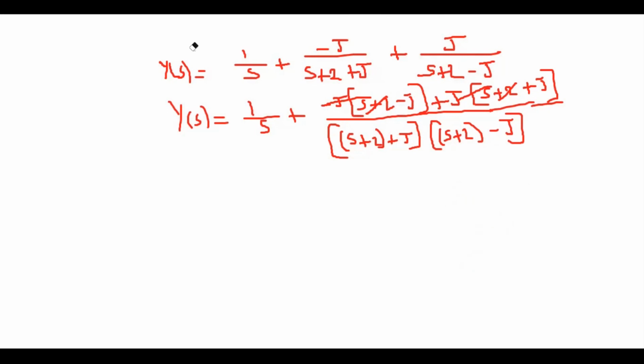Okay. So Y of S is equal to 1 by S plus, here it becomes plus J, my dear students. This is a minus J. Then you can get it is a minus 2. So plus, and here it is a minus.